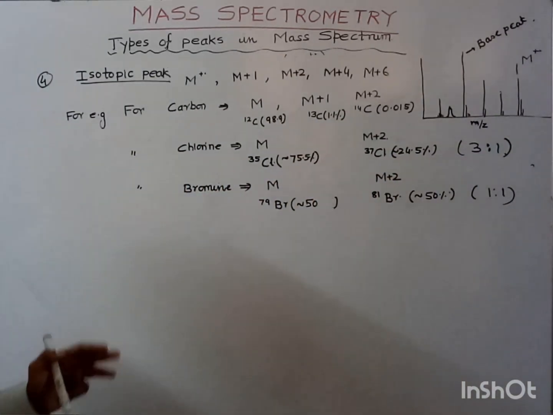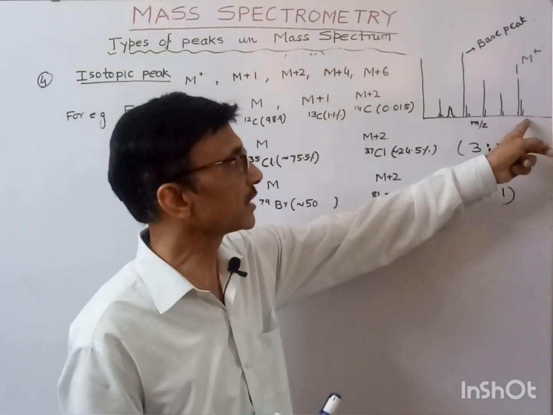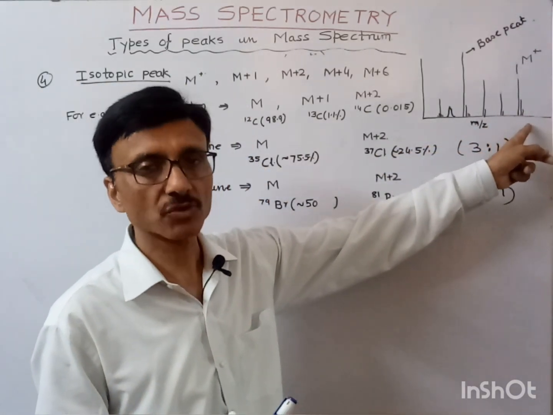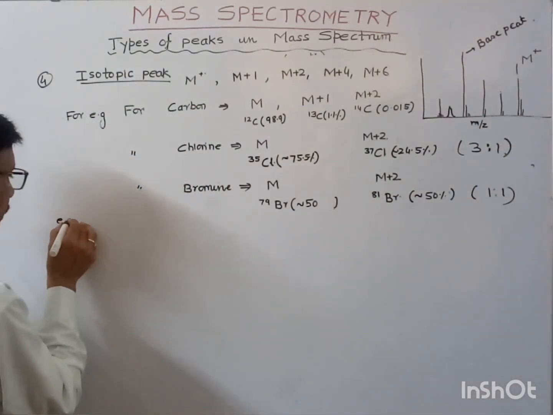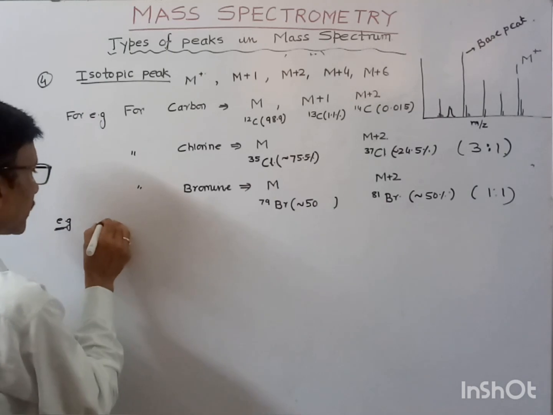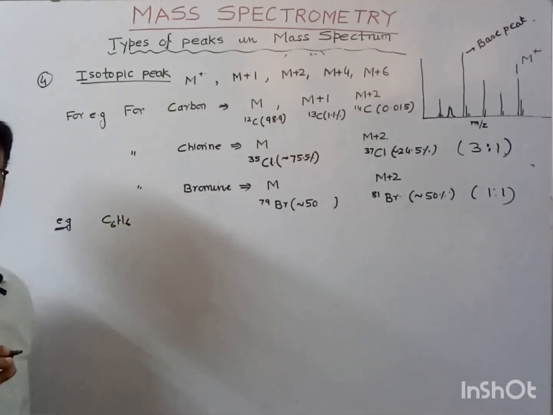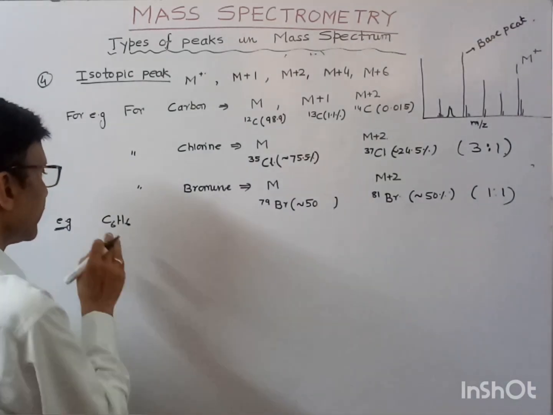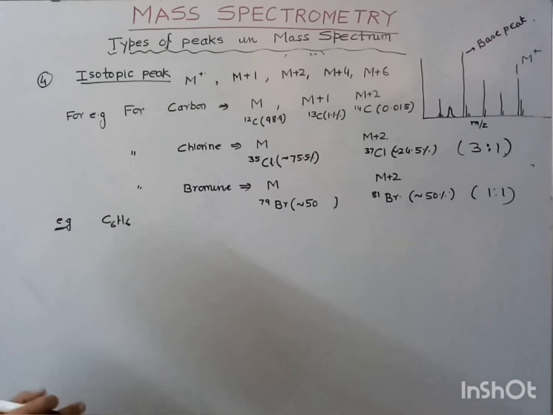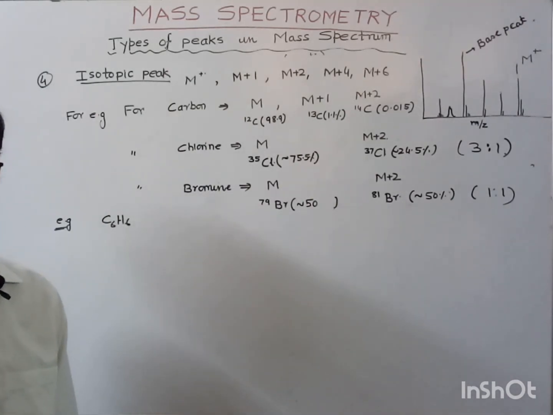So the intensity of an isotopic peak depends upon the relative abundance of its isotope. Now, for example, suppose I have C6H6, that is benzene. Then this carbon will contain some isotopes, carbon 12 and carbon 13.